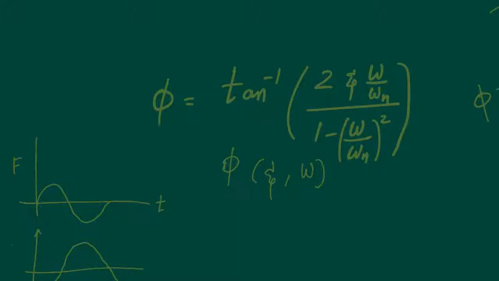So this is our x. So there is a particular phase difference. These two curves are not in phase, so they are apart by a certain degree. So how much is that? That's what we are actually computing.